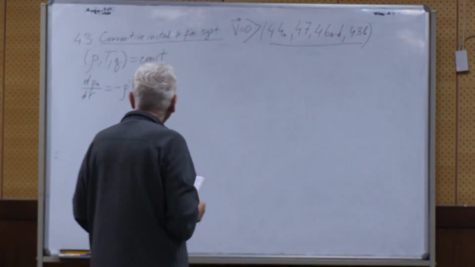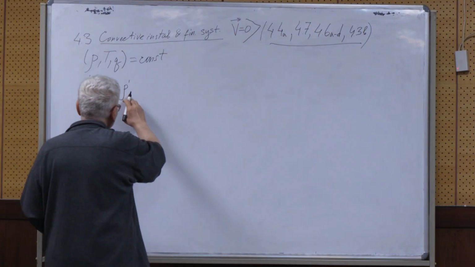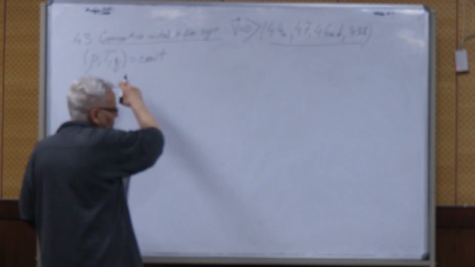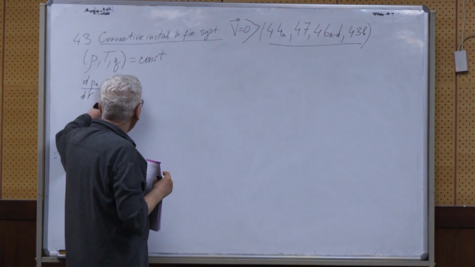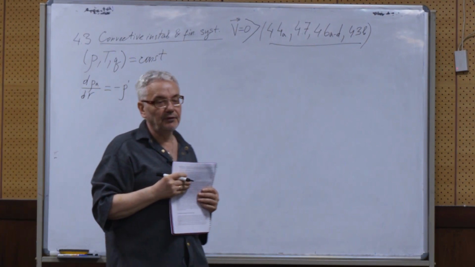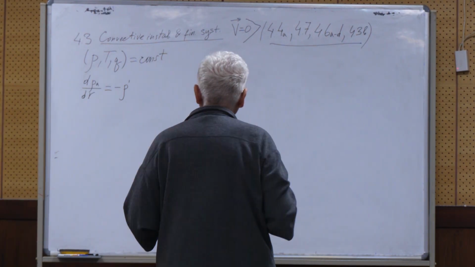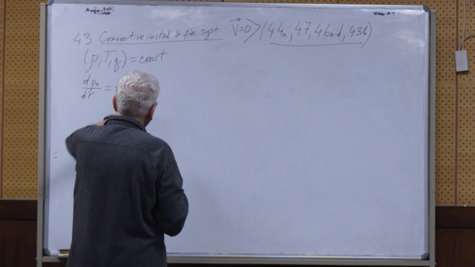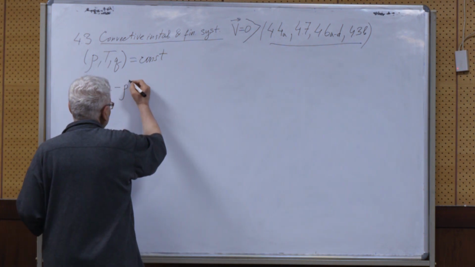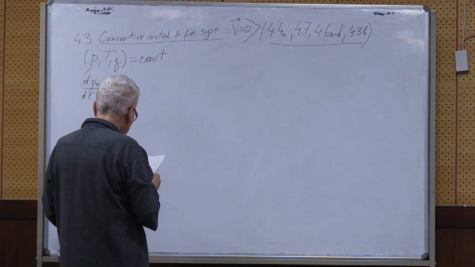That's simply the derivative, to distinguish it from the more usually used rho dot. You know that rho dot is the derivative in time, and to distinguish it from the radial derivative, we put here just prime.